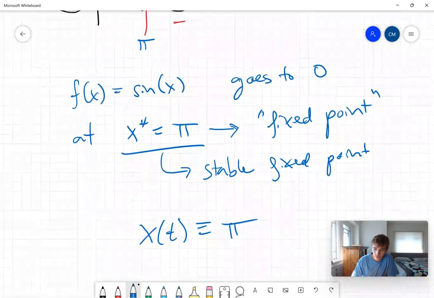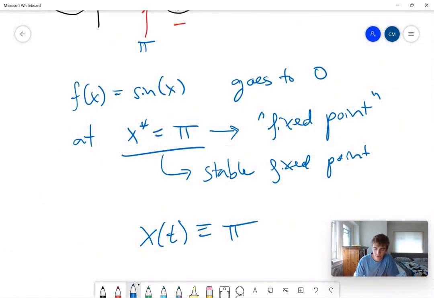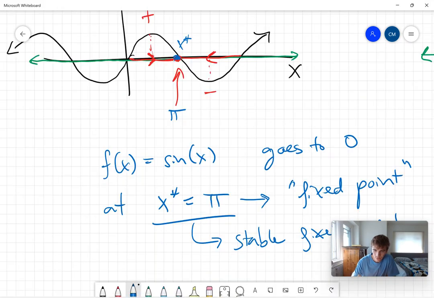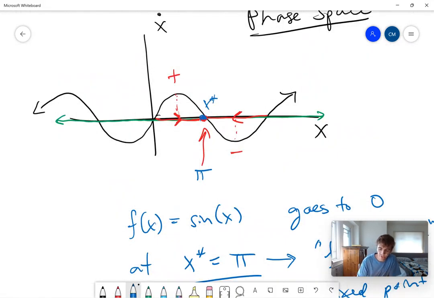Now, there's a few things we need to think about here. Observe that there are multiple fixed points in the sine of x curve. We have another fixed point at 0, and another at 2 pi and negative pi, etc. We actually have infinitely many fixed points. Now, let's look at the fixed point at 0. Notice immediately that the flow is going away from that fixed point.